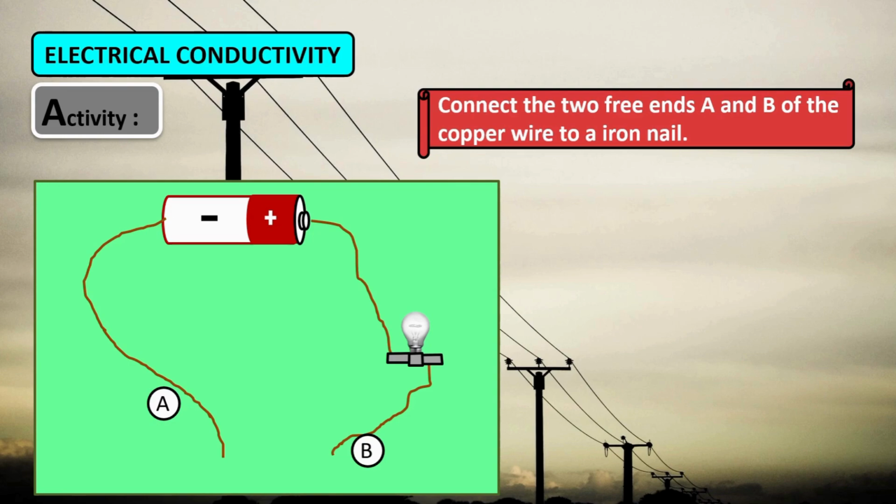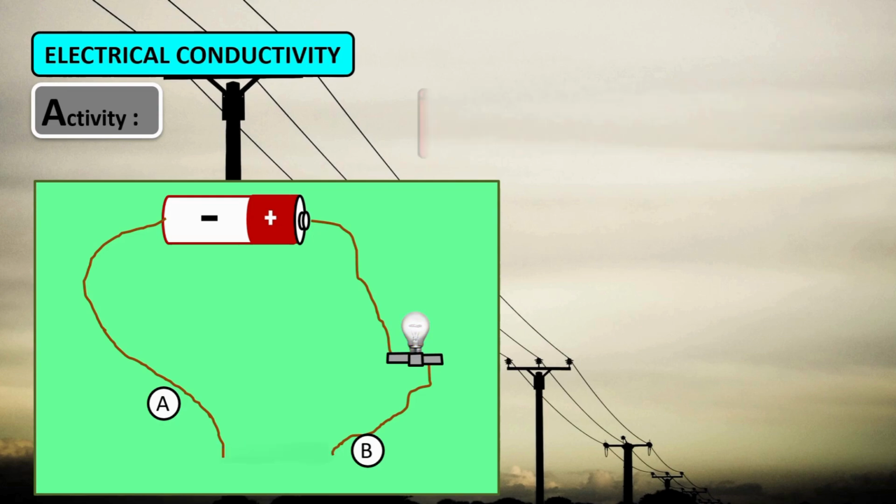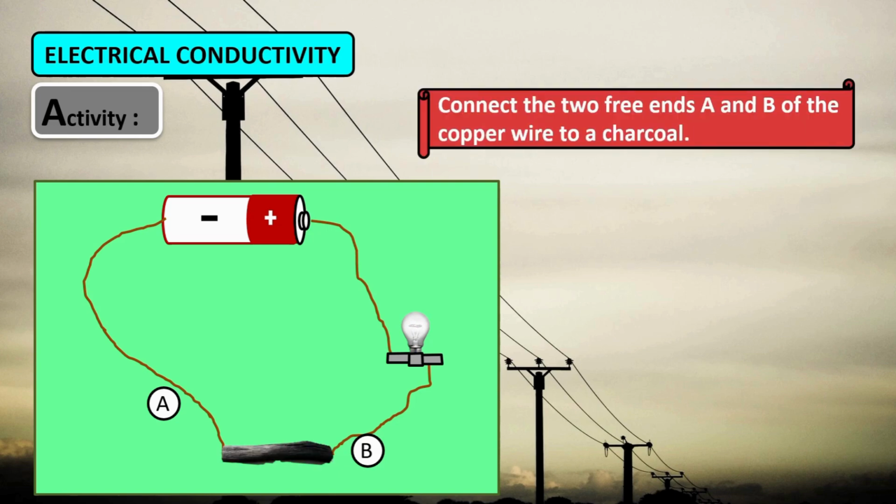Connect the two free ends A and B of the copper wire to an iron nail. Connect the two free ends A and B of the copper wire to a graphite rod. Connect the two free ends A and B of the copper wire to a charcoal.